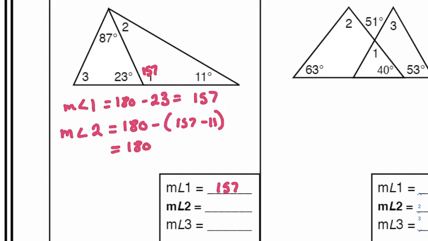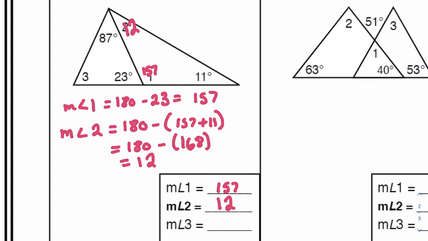So 157 plus 11 is 168. And then we're going to subtract 180 minus 168 to get a value of 12. So the measure of angle 2 is 12 degrees.